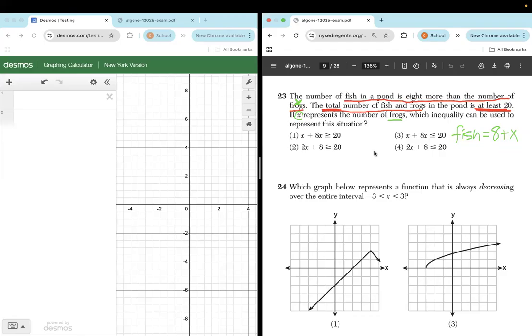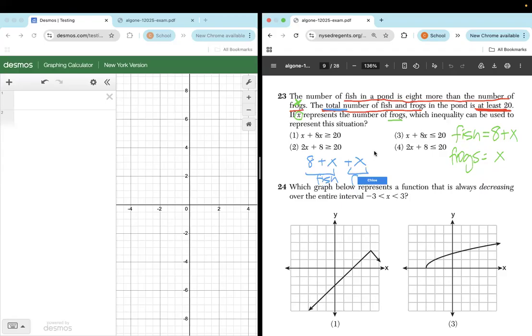So that's like that first thing I underlined. The number of fish in a pond is 8 more than the number of frogs. So I know the fish is represented by 8 plus x, and the frogs is represented by x. The total number of fish and frogs is at least 20. Total means the fish plus the frogs. So 8 plus x, which is the fish, plus x, which is the frogs.